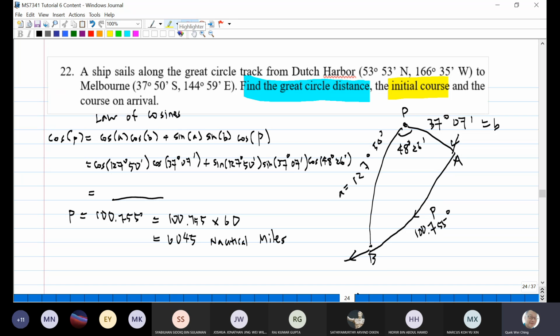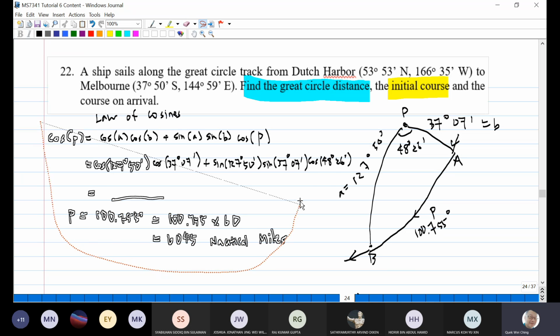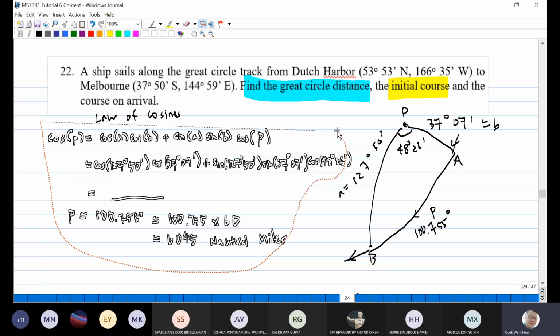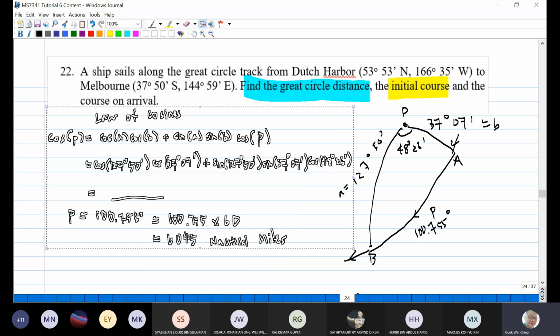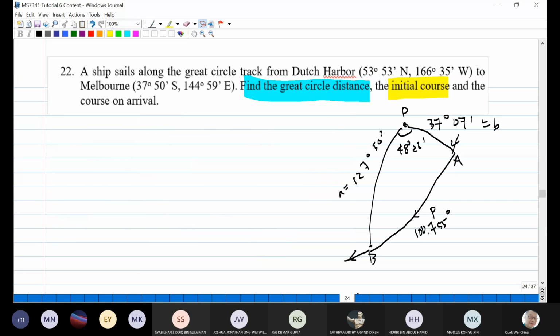Let me erase this. Okay, the initial course, of course, is measured from the North Pole. So we know that this is actually toward the east. Remember how to find the bearing, right?